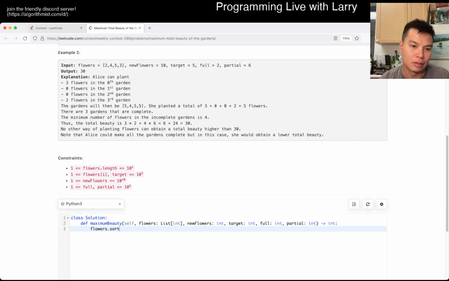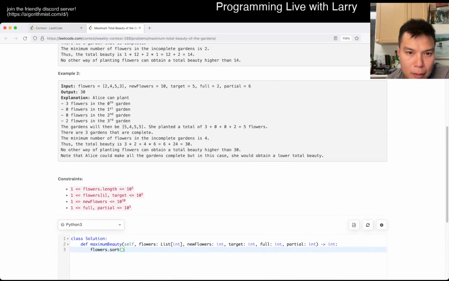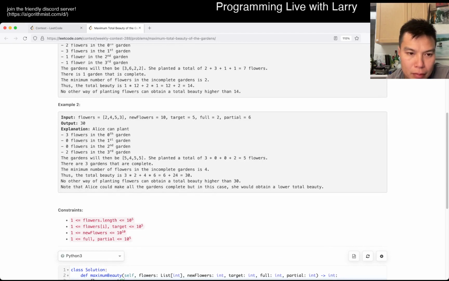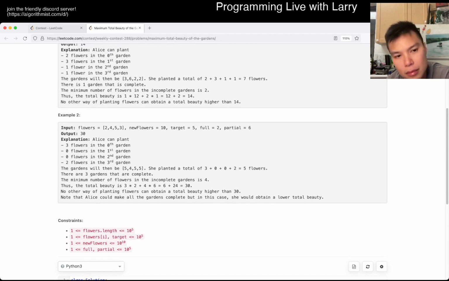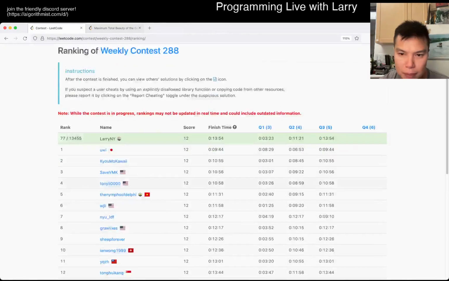Okay. I think you could do ternary search, but I could be wrong on that one. Because you don't always optimize for full. No one solved it yet.